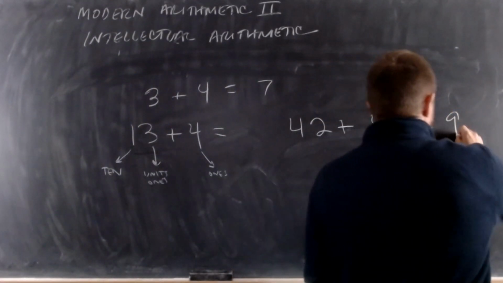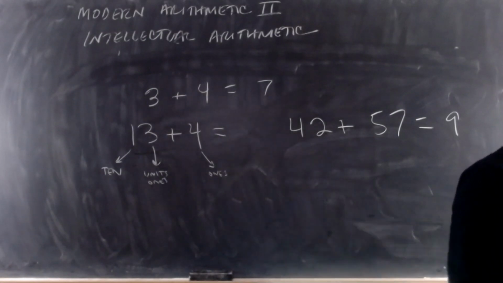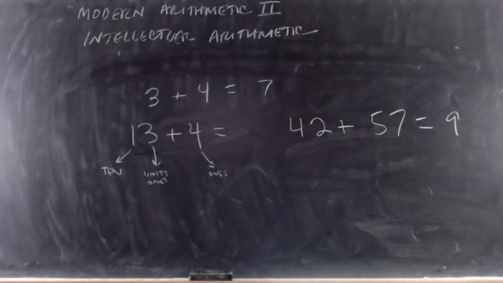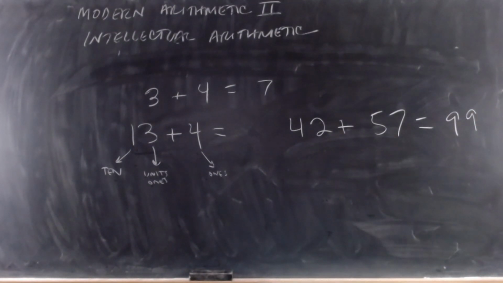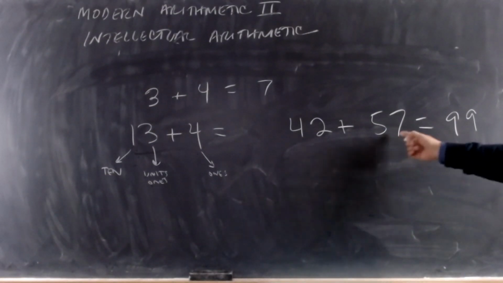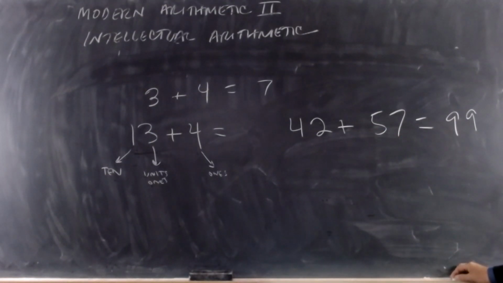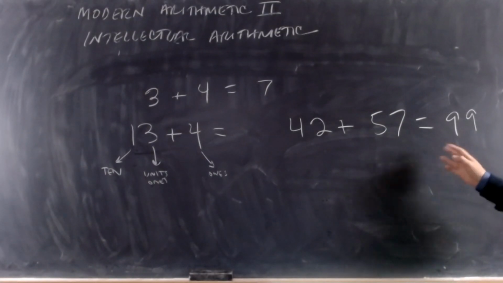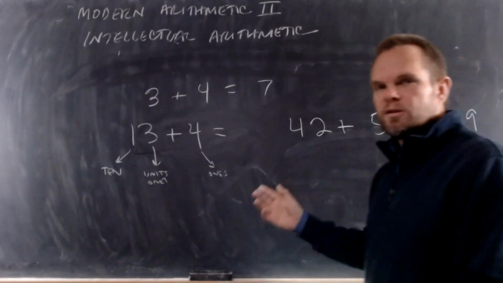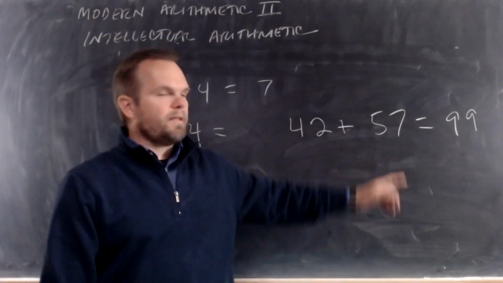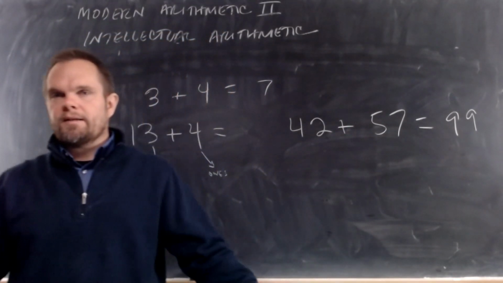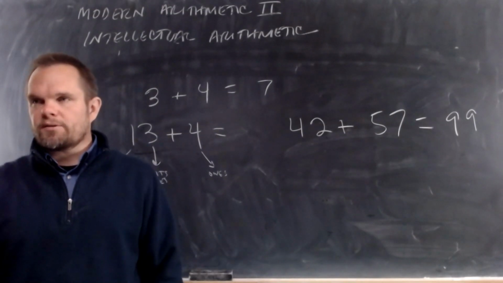Plus 2 ones and 7 ones are 9 ones, right? It's very easy. You can add great numbers very easily using your simple addition facts by thinking of the numbers as tens and ones rather than as just a bunch of ones.